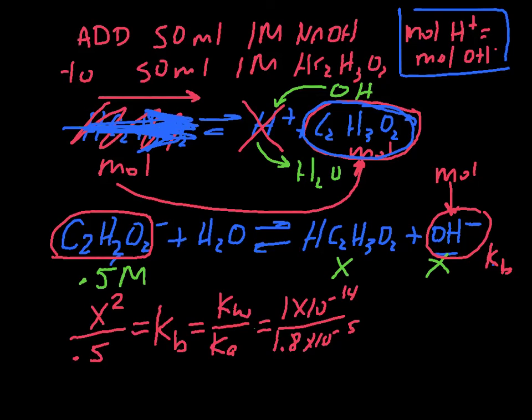Alright, so now if I go through and solve that, if I take 0.5 times 1 times 10 to the negative 14th divided by 1.8 times 10 to the negative 5th, take the square root of that, I end up with x being equal to 1.67 times 10 to the negative 5th.